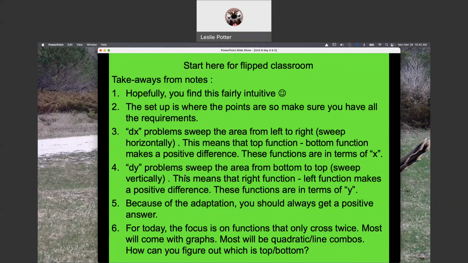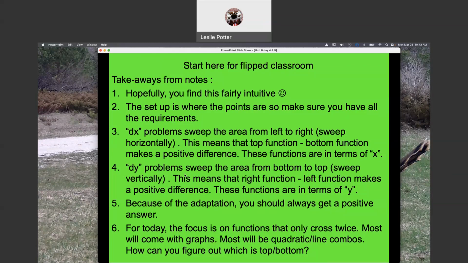So for instance, we could have a region that was like a sideways parabola and a vertical line. And what's the area of this region, from c to d? I don't think it's too hard to imagine me taking the board and rotating it 90 degrees to make it go left to right instead of top to bottom.